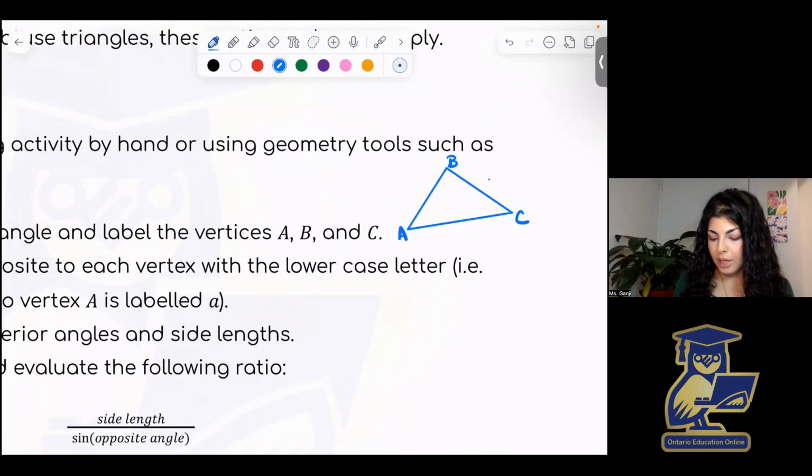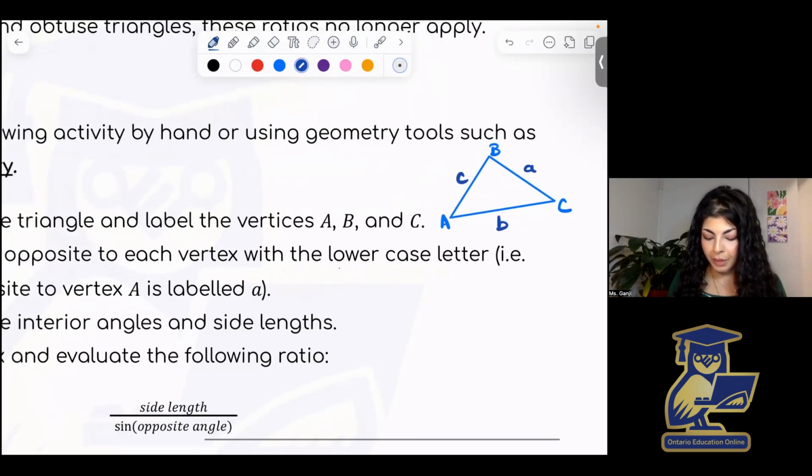So if you are using GeoGebra, you may not be able to label it directly as long as you just know that the opposite side lengths are the lowercase. I'm going to use a darker color for this just because the C's kind of look similar.